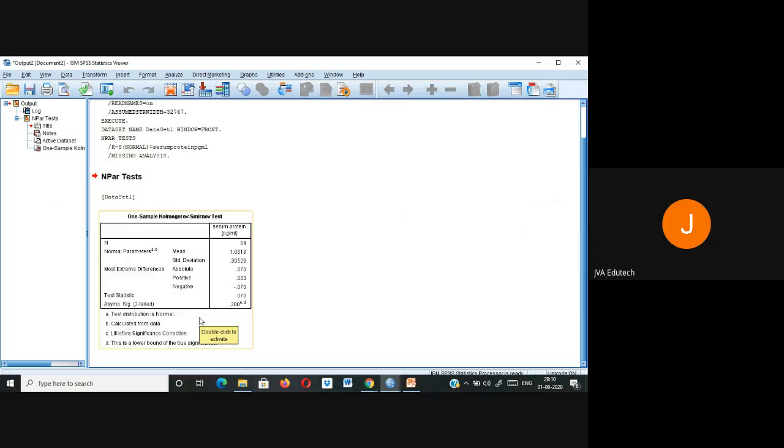What does this table indicate? Any idea? It's written, test distribution is normal.